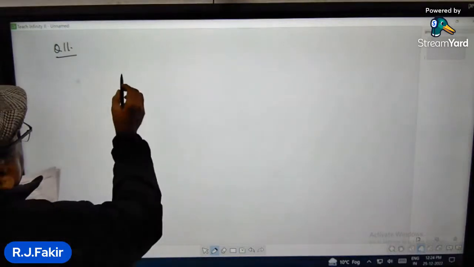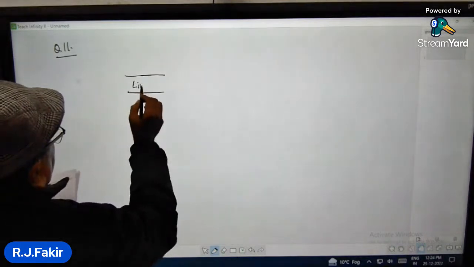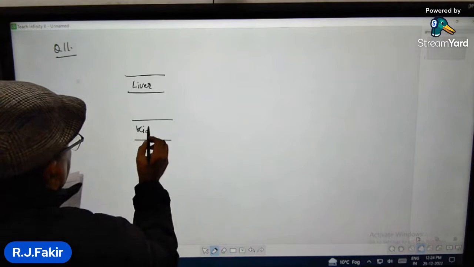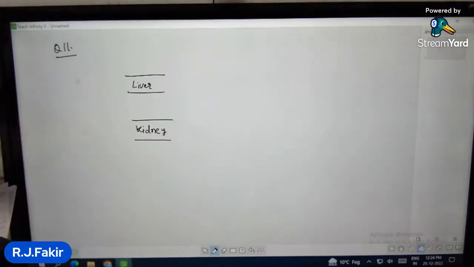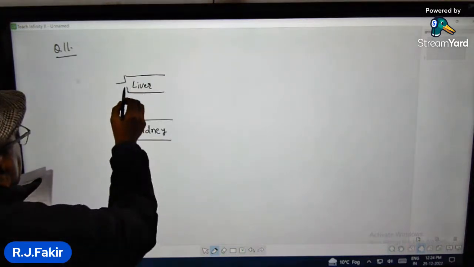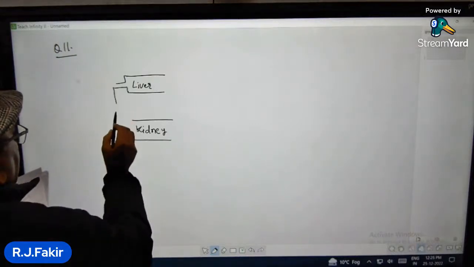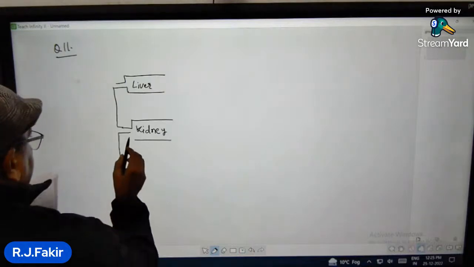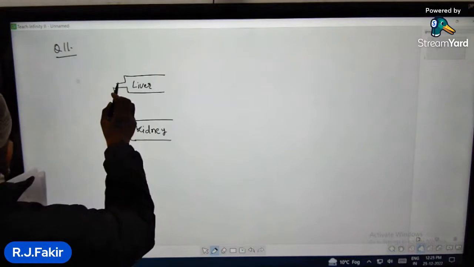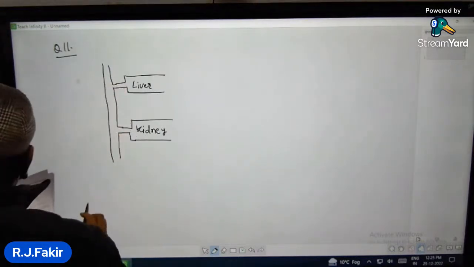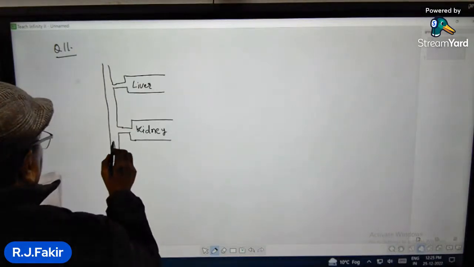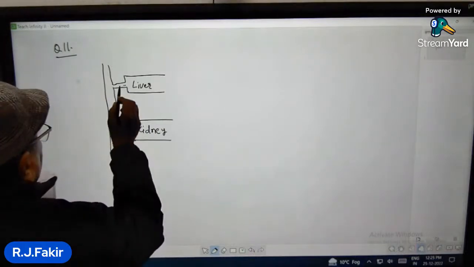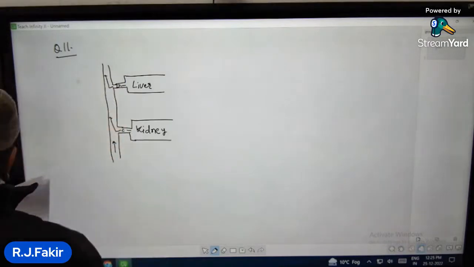Like you have a liver, then here it is a kidney, certain flows are shown here. This is C, this is D, same way.